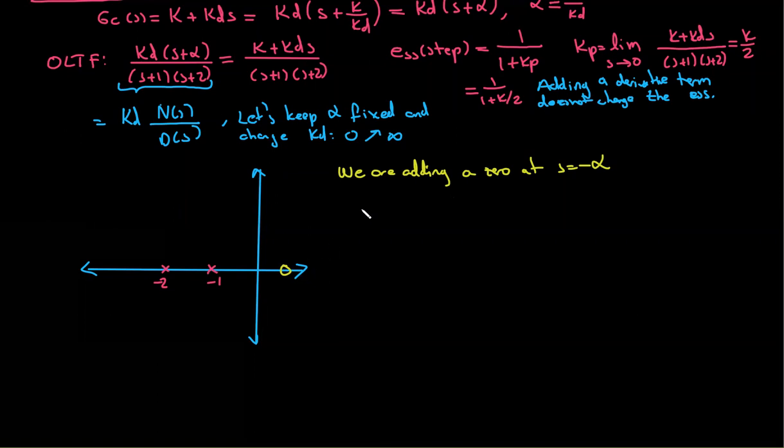Exactly. So remember that the root locus starts at the open loop poles and ends up with the open loop zeros. Okay. So as k goes to infinity, one of these poles is going to follow this to reach this zero, right? So if I, for example, put a zero over there, this pole is going to move there, and when k exceeds a certain value, the system will become unstable.